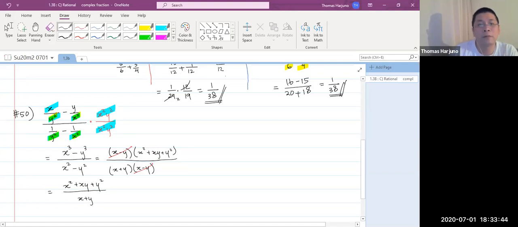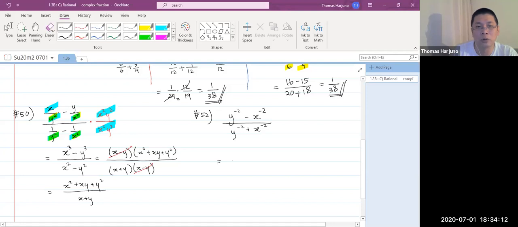Number 54. Oh, by the way, number 52 first. I will not do this problem, but I'll just show you what happens if they use negative exponents. y to the negative 2 minus x to the negative 2 over y to the negative 2 plus x to the negative 2. Now, these are not multiplication, so you cannot just make it positive by bringing it to the other side.